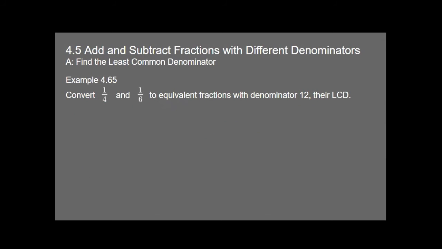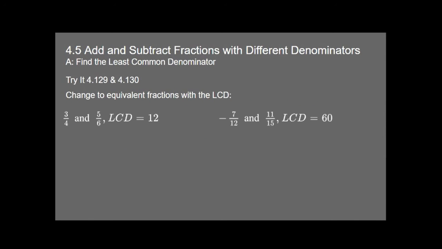Okay, try it. You are going to try this on your own. So you're going to change to equivalent fractions with the LCD. So you're just finding the equivalent fractions. You're not adding them or subtracting them. So the first one, 3/4 and 5/6, and the LCD they give to you is 12.